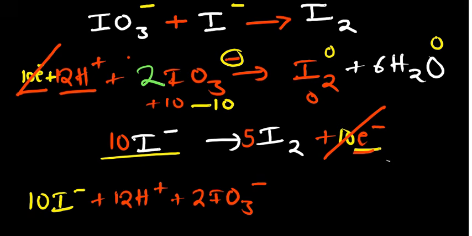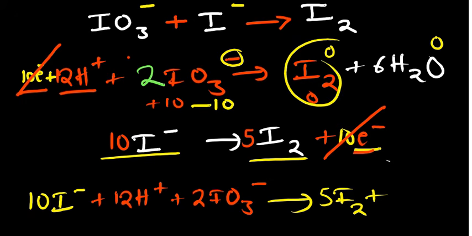We are done with our reactants. On our product side, we have 5 I2 plus, so there is an I2 there as well. All in all, we're going to have 6 of them. We can just sum them up.